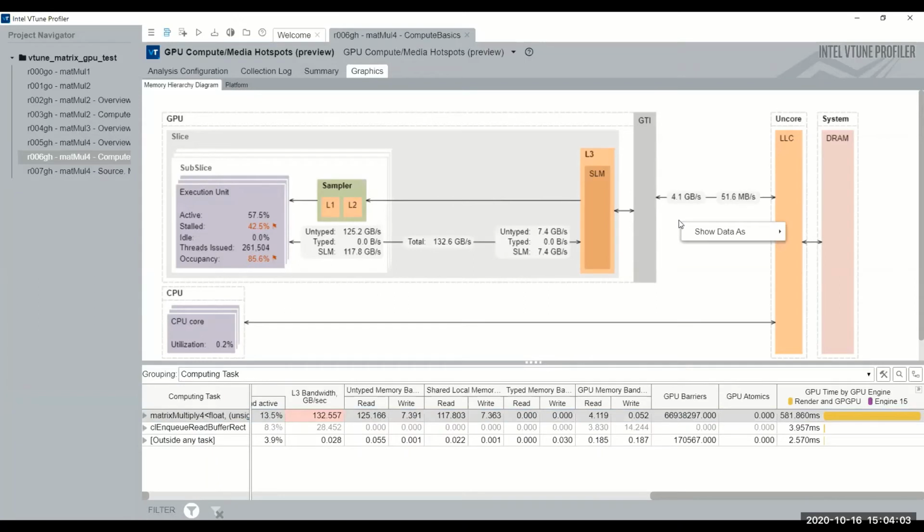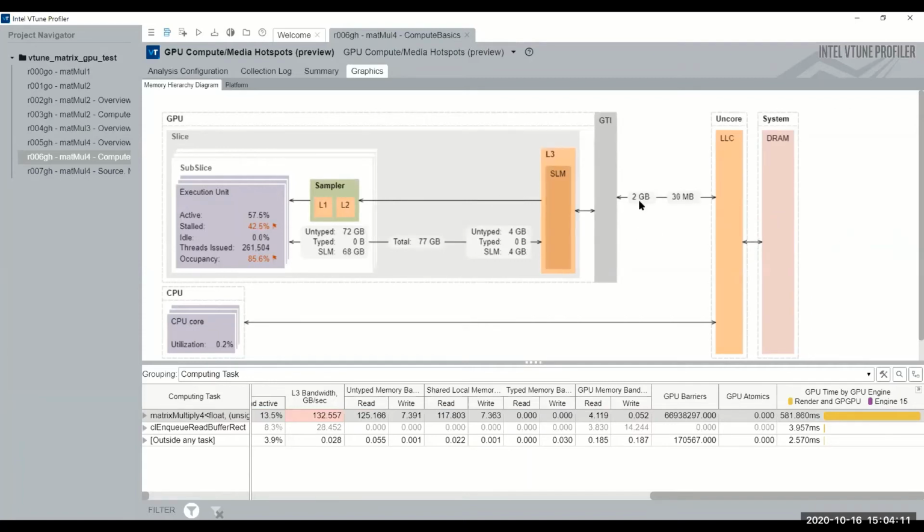In order to switch between the bandwidth numbers and total size, we can use this context menu, and then we can observe how much data is being fetched from the last level cache of the CPU, from DRAM and through the GTI interface, and how much data is being exchanged with level 3 cache inside the GPU itself.